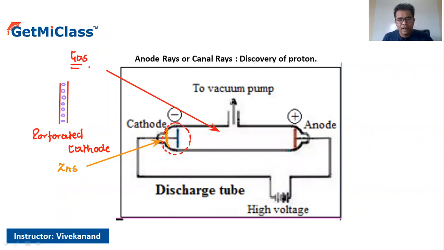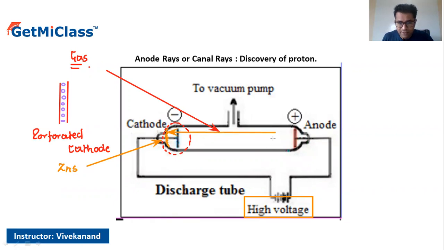Now, when a high voltage of electricity was supplied, it was seen that some rays were being emitted from the surroundings of the anode. I'm not saying that the rays are coming out of the anode, rather there were certain rays coming near the anode.